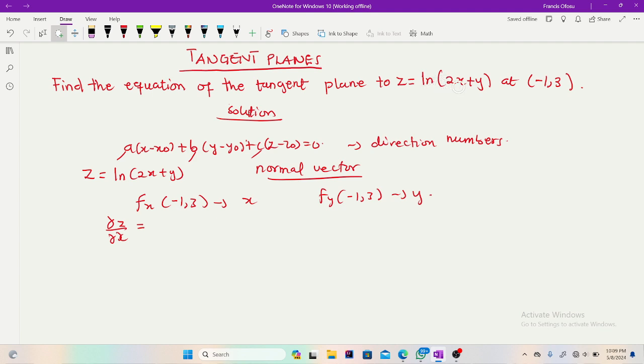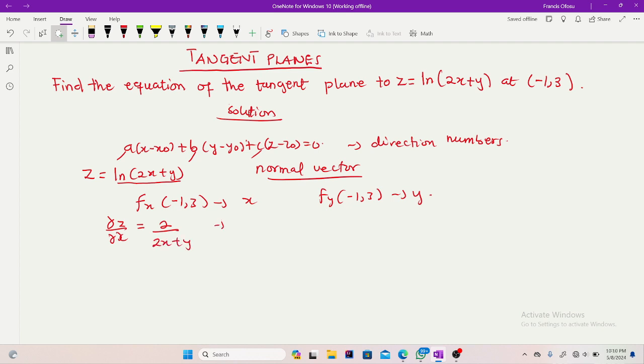If you have a natural log function, you just take the derivative of what we have in the argument of the natural log all over itself. If z equals natural log of 2x plus y, we want to differentiate with respect to x, so y becomes a constant. When I differentiate with respect to x, I'm going to get 2 over the function itself, 2x plus y.